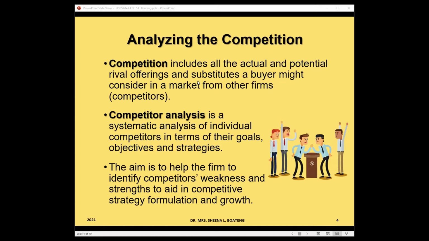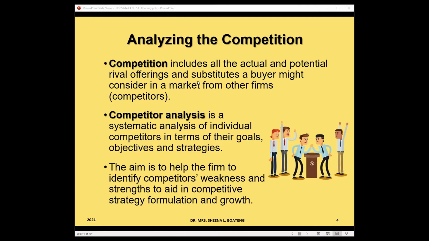So when we talk about competition, it basically includes all the actual and potential rival offerings, meaning that competition includes both those firms who are currently competing with the said firm in the same industry or sector, and those firms who are yet to enter that industry or sector, but will effectively, once they do, become competitors of the current firm in question.